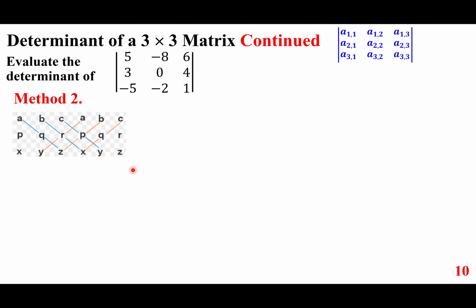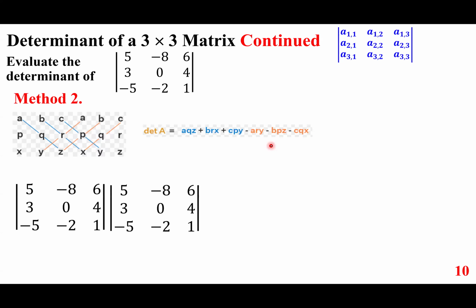Multiply them and add them up. And then from the bottom, the second one, go diagonally. Or you can say the last one, go diagonally down. You multiply, you add them up. So the blue ones add up, the red ones add up, the red ones subtracted from the blue ones. Okay. So this is the second method.